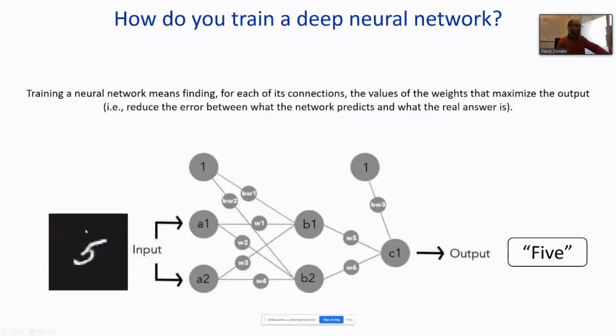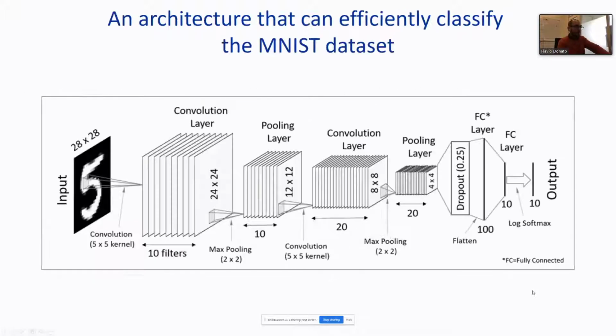So the idea is that when you give an input that is an image of a number 5, the output will be 5. Of course, as we were also saying today, there are quite complicated architectures for solving problems. We're going to have a mock example on the very simple one that I mentioned before, but this is just for you to know that this is the real network architecture that can solve the problem of identifying a handwritten digit.